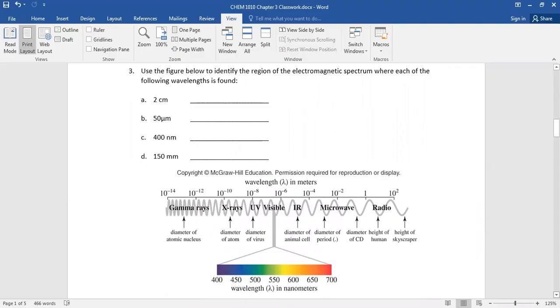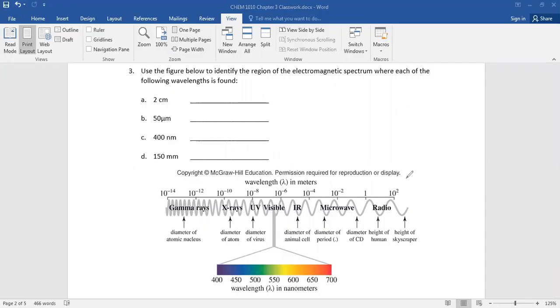And so question 3 also relates to the electromagnetic spectrum. And we can see here on the figure below that there are 7 major types of electromagnetic radiation on the electromagnetic spectrum. You have them listed here in order. At the rightmost end, you have your radio waves.